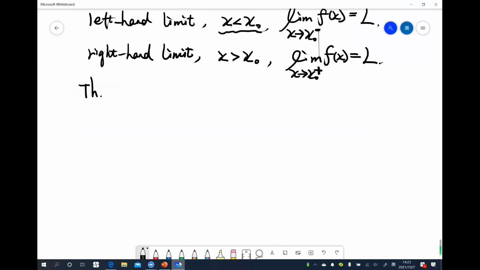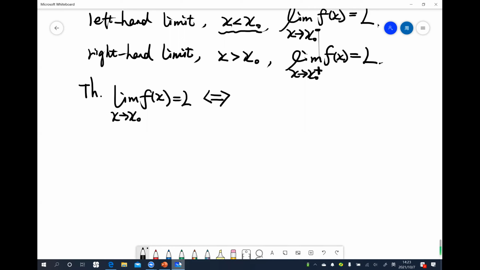So if the limit of a function exists and the limit is the constant L, that means the left-hand limit and the right-hand limit both exist and they are the same.